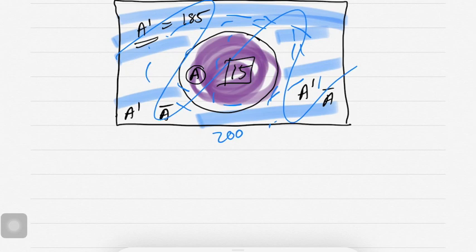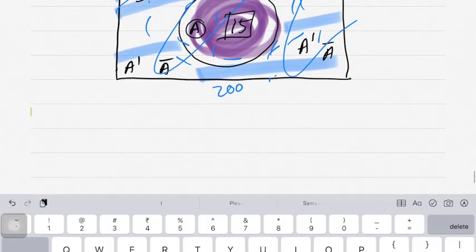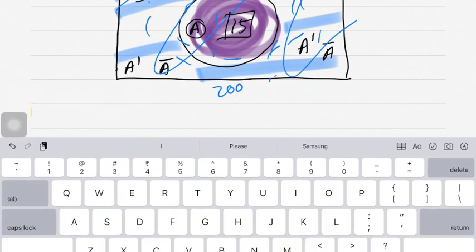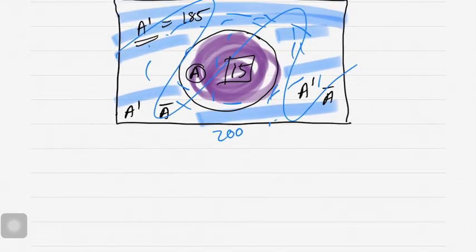Correct? And in the first lecture, I have told you that when there is 100% probability, it is always 1. So in a sample space, the total is always 1. So event A plus event A dash will always be equal to 1.